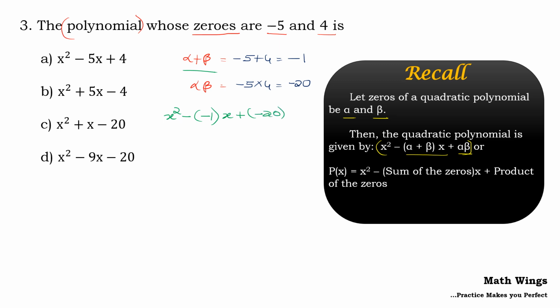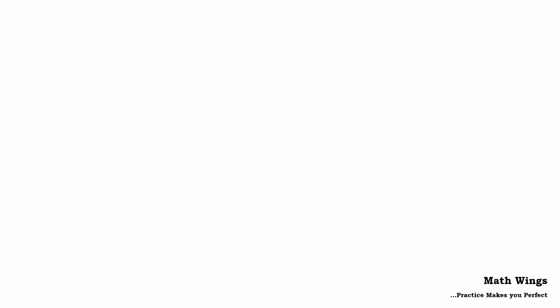So when we rewrite this, we get x square plus 1x, plus into minus gives us -20. Therefore, the answer is option C, x square minus x minus 20. We'll move on to the next question.